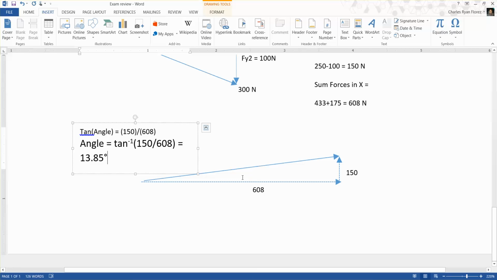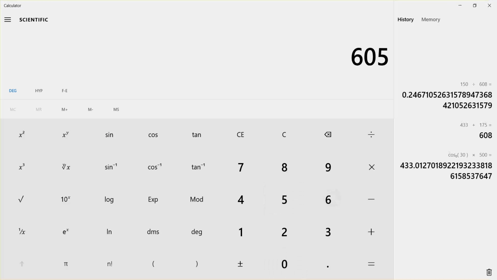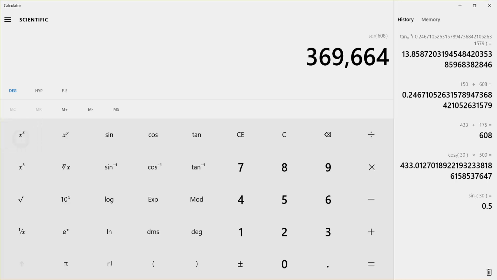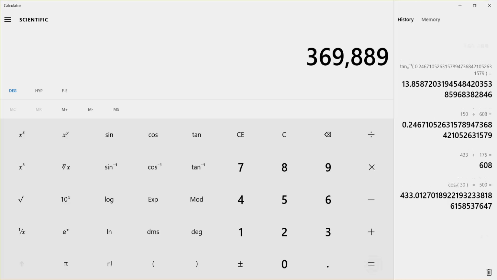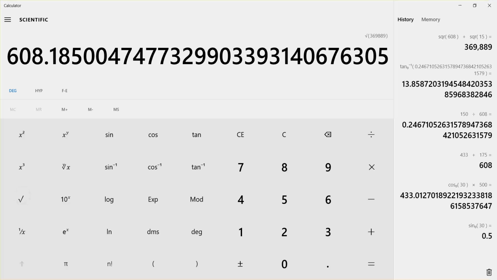So to describe this in total, let me calculate the magnitude real quick. 608 squared plus 150 squared, and then the square root. Did I do that wrong?